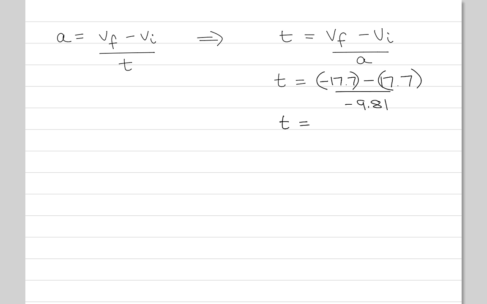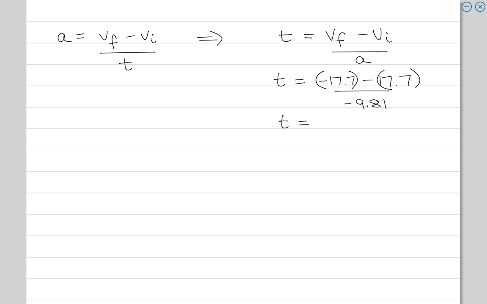Okay? So do the top, somebody for me. Negative 30. Okay. Divided by negative 9.81, and we get a time of 3.6 seconds.